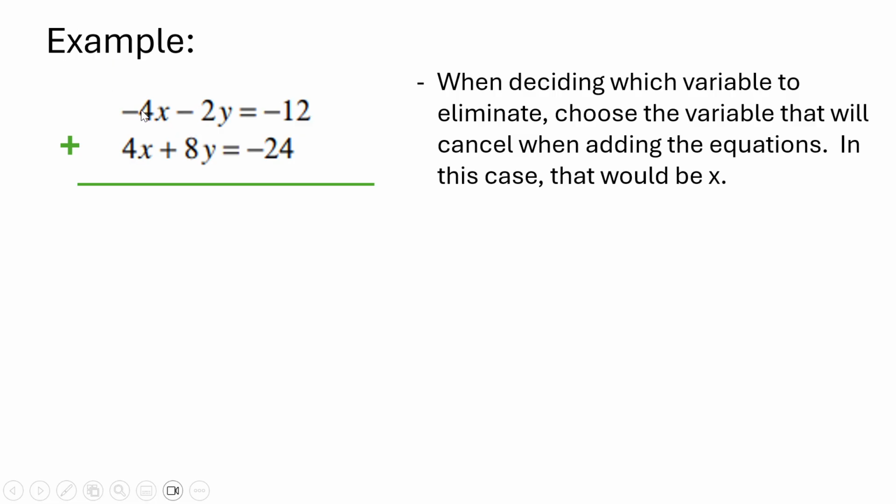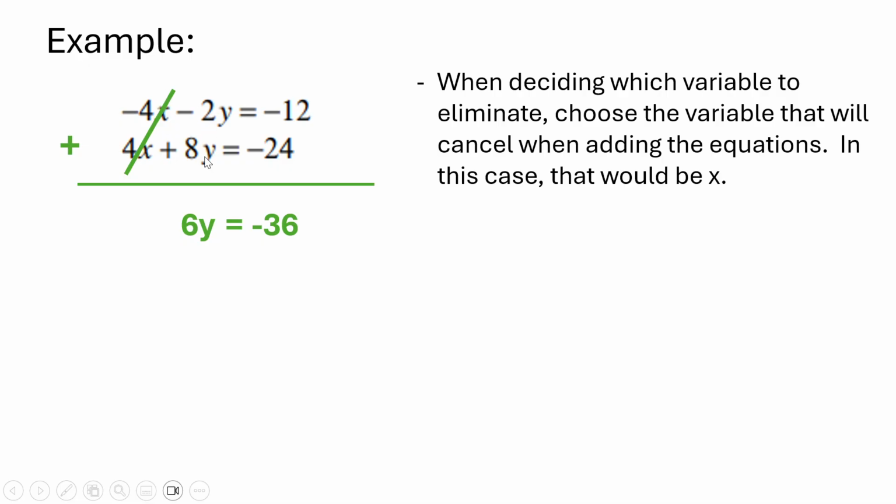So negative 4 plus 4 cancels out. Negative 2 plus 8 is 6y. And bring down the equal sign. Negative 12 plus negative 24 is negative 36. Okay, so all we did was add these two equations. Negative 4 plus 4 is 0, so they canceled out.